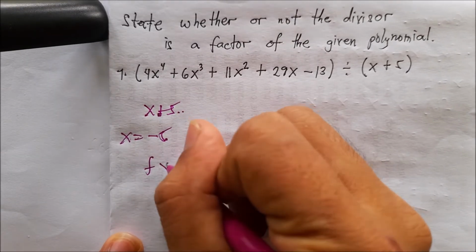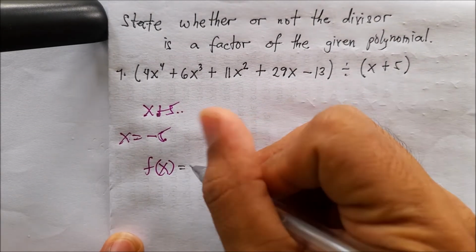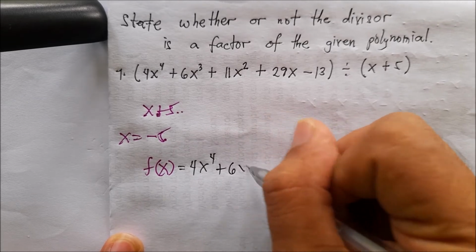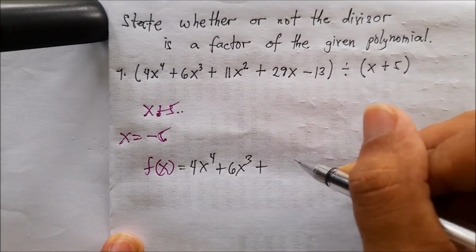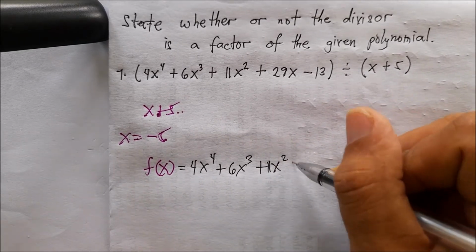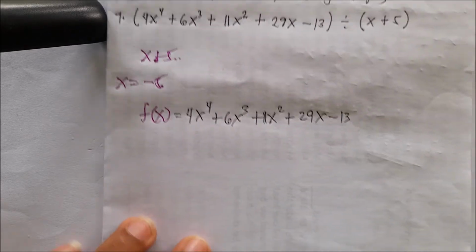F of x equals 4x raised to 4 plus 6x raised to 3 plus 11x raised to 2 plus 29x minus 13.